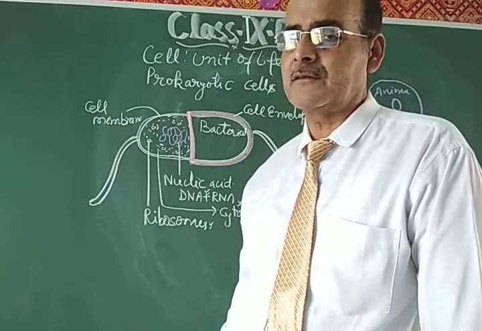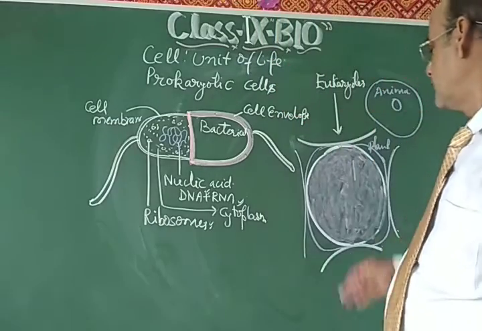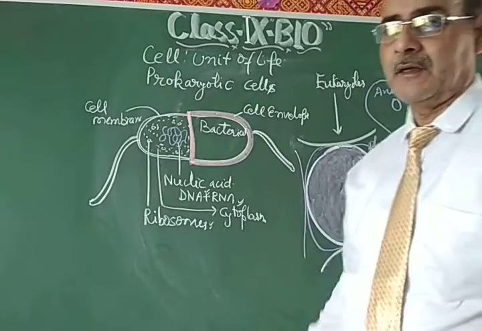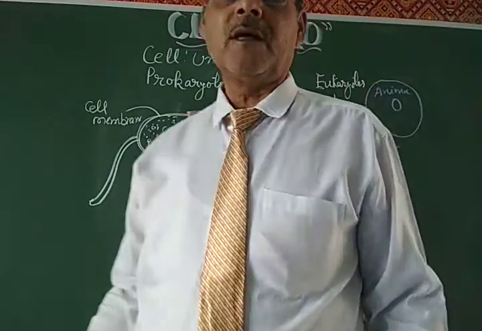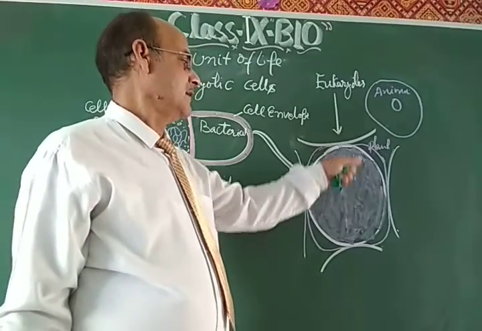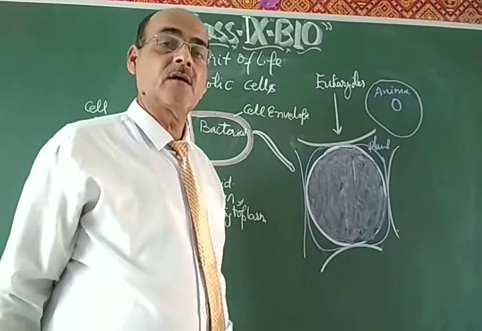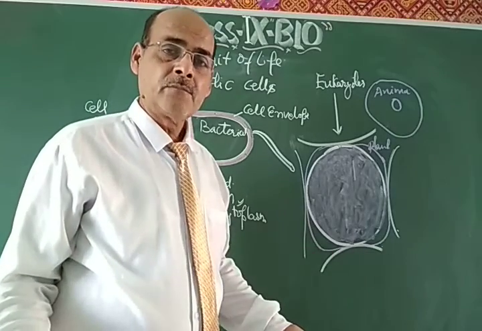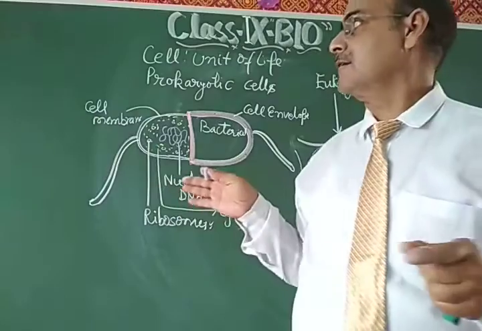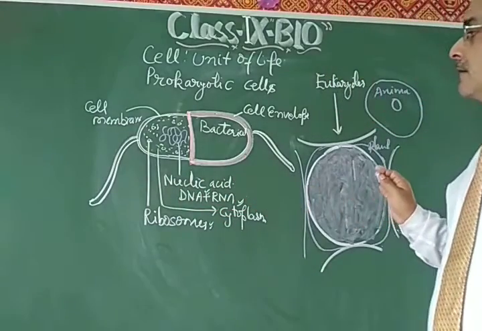All these functions are carried out by this one. But in the prokaryotic cell, there is no nucleus and no nuclear membrane. In the eukaryotic cell, the complete cell is present, the nucleus is present, and other cell organelles are present. So you can differentiate between prokaryotic and eukaryotic cells like that.